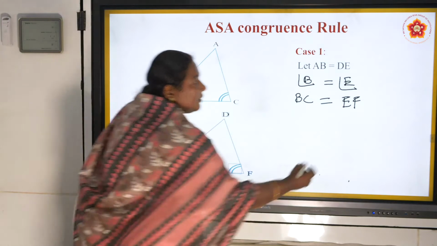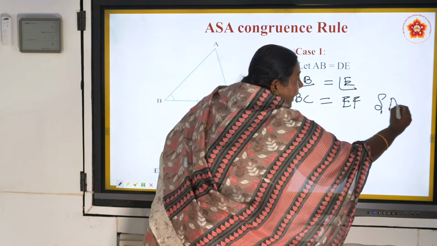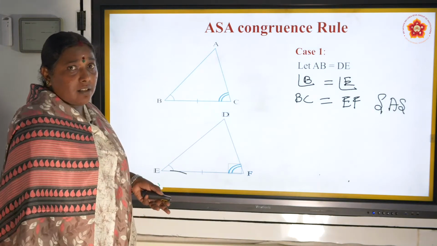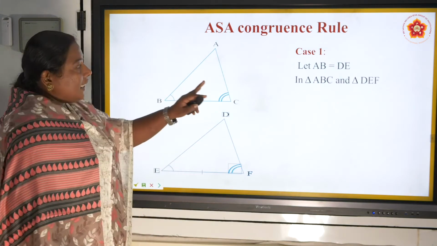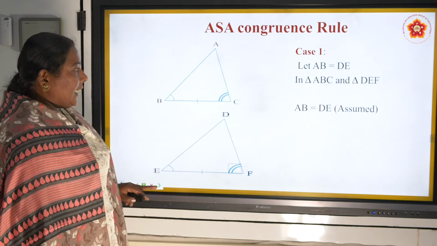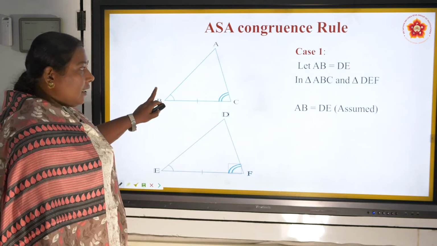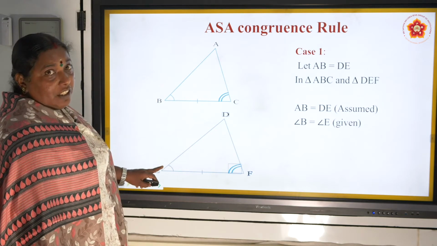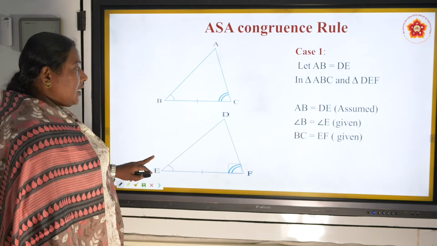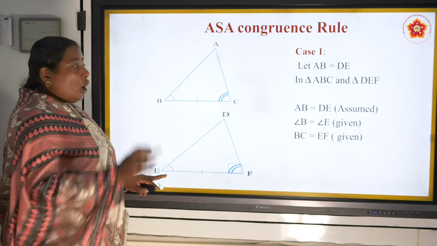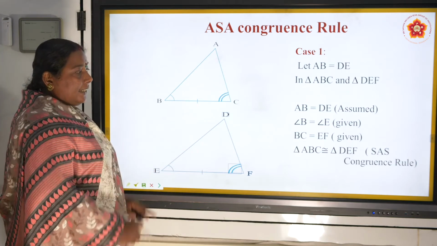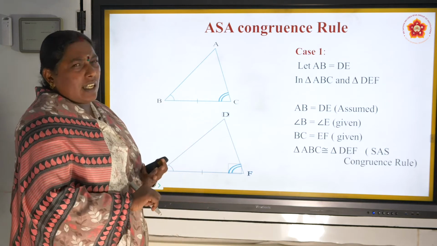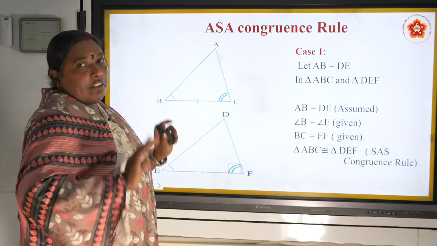Side angle side, SAS congruency. I can tell both the triangles are congruent. See, in triangle ABC and triangle DEF, AB is equal to DE, that is my assumption, and angle B is equal to angle E, that is given already, and BC is equal to EF, that is also given. On the basis of side angle side, I am telling that these two triangles are congruent. First case is very easy, so we finished it.